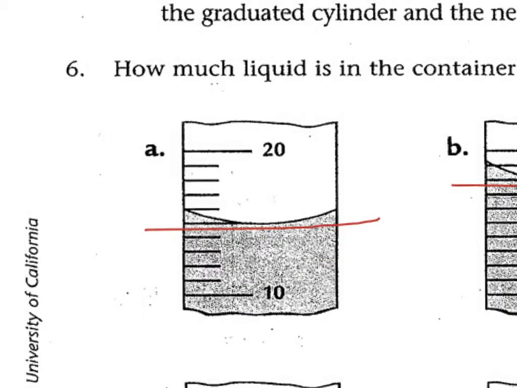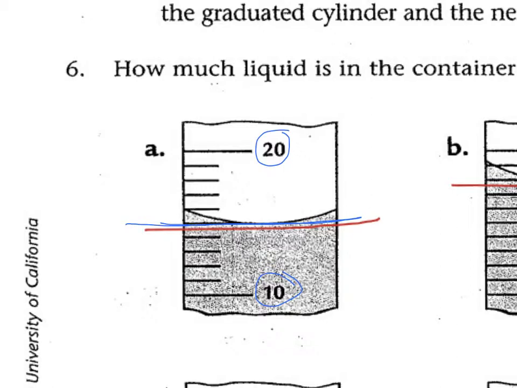Question 6 asks how much liquid is in each of the graduated cylinders, and you're just looking at a portion of the graduated cylinder. For A, what you want to notice is that the volume is between 10 and 20 milliliters. My red line where I've drawn the meniscus is a little bit low. The actual meniscus is right at this line here in blue.